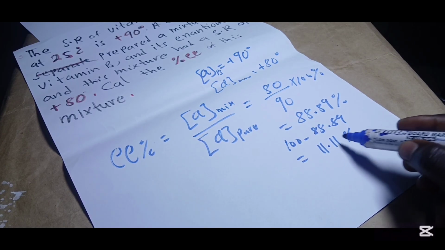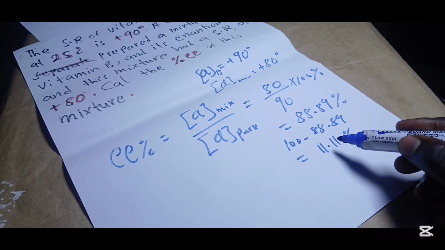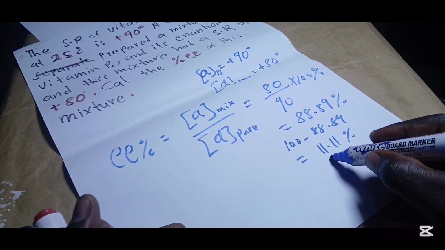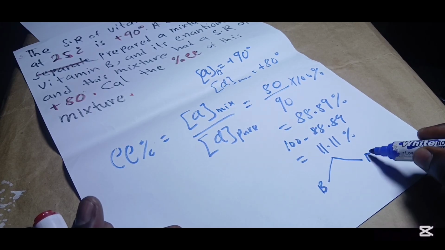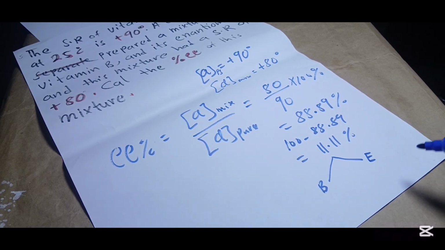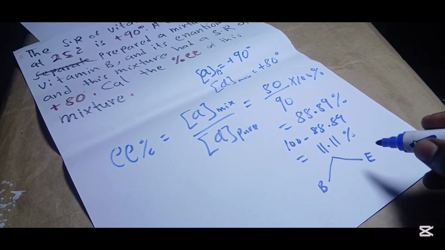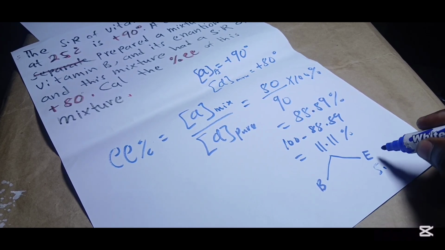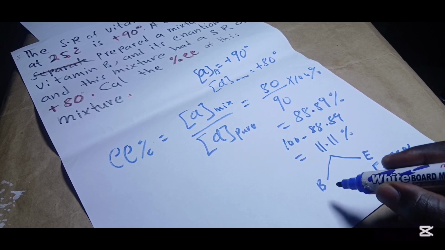And this 11.11% is the racemic mixture. This racemic mixture was formed by vitamin B and its enantiomer. Let's represent it by E. So if we divide this 11.11 into 2 exactly, we are going to get 5.55% here. Use the calculator to do that.